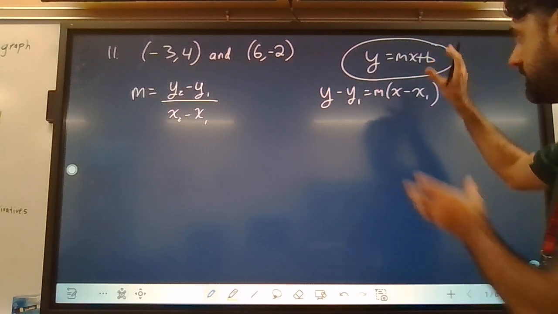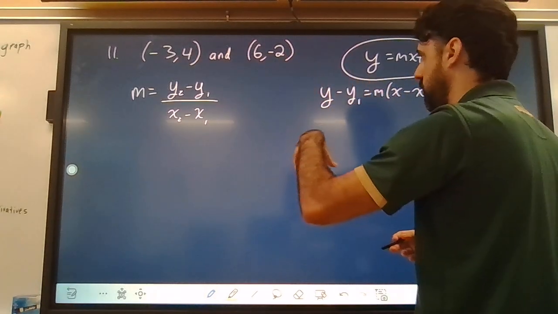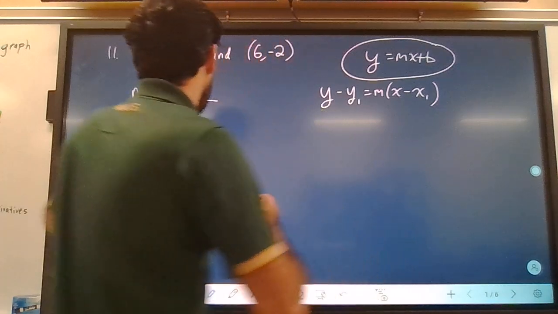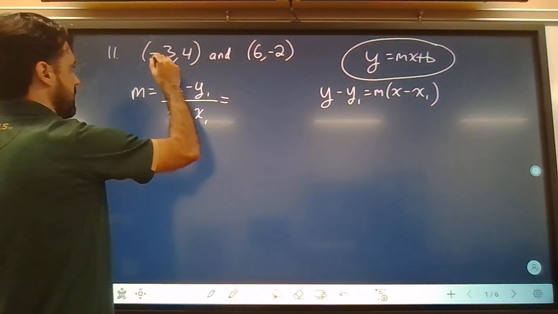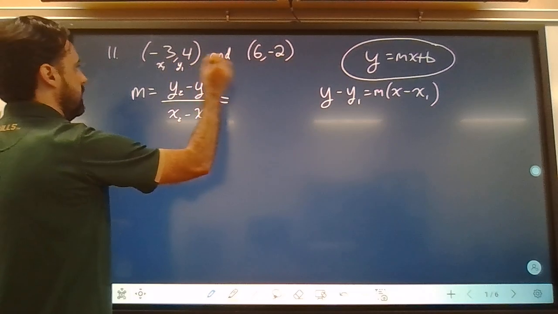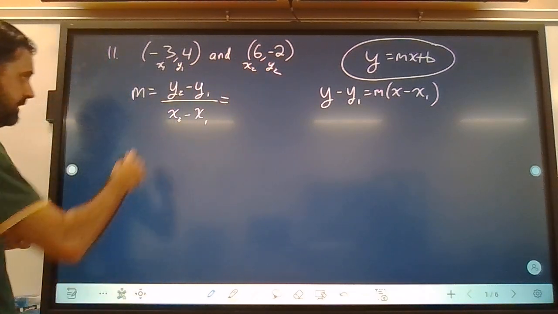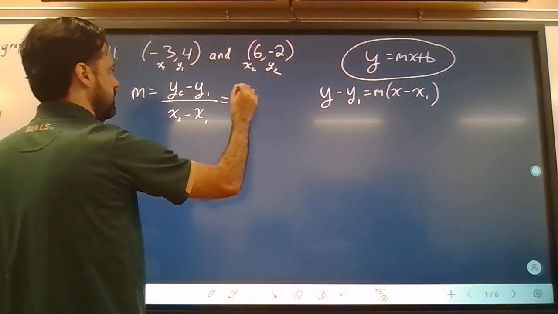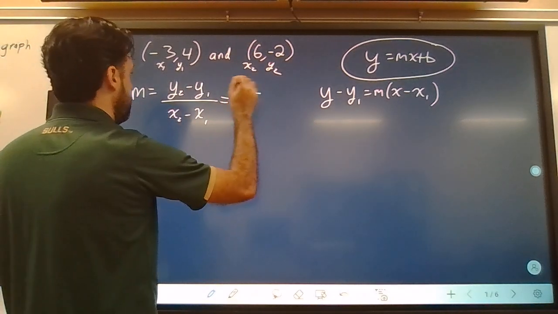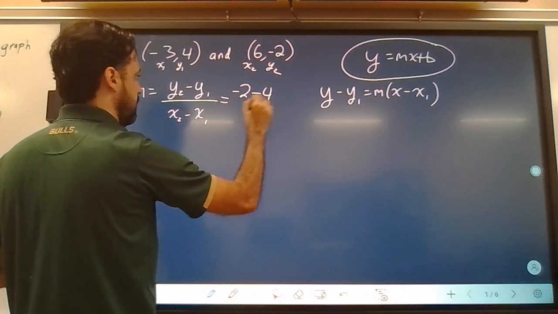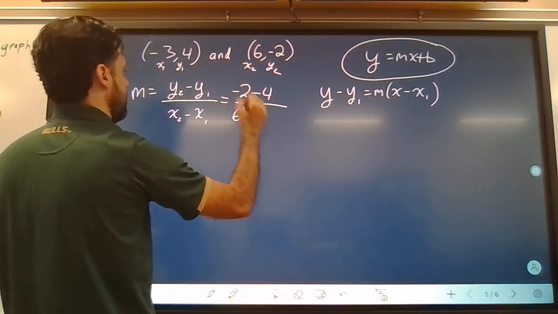In order to get point slope, we have 2 coordinates. We need at least a coordinate point, and we need the slope. So to get the slope, we're going to use this formula. So this is going to be x1, y1, x2, y2. And if we do it that way, y2 is -2, minus y1 is 4, over x2 is 6, minus x1 is -3.